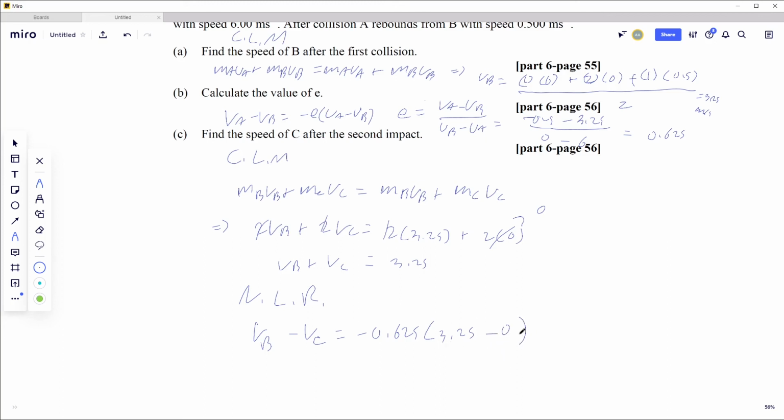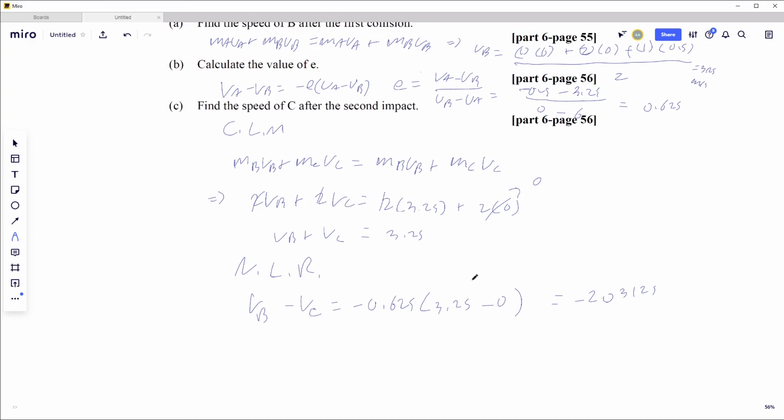This is basically going to be minus 0.625 times 3.25, which gives minus 2.03125. I'll just keep writing all the digits for accuracy.